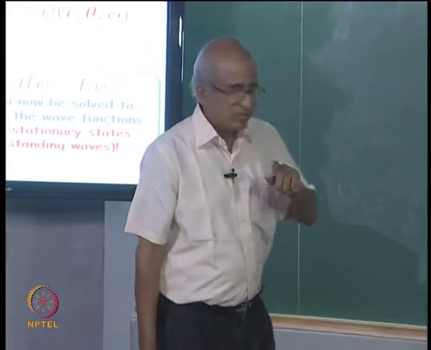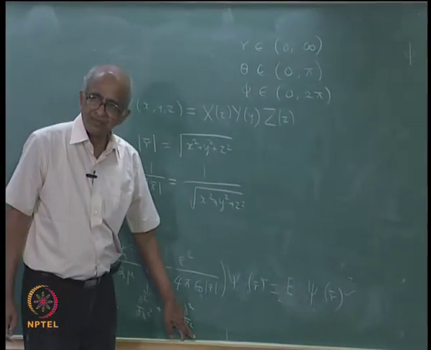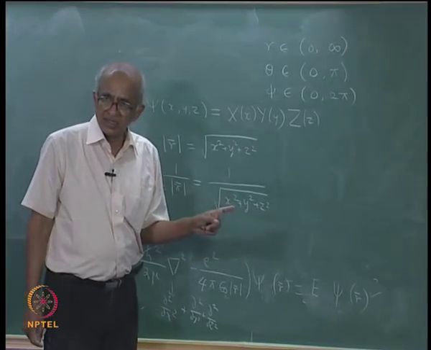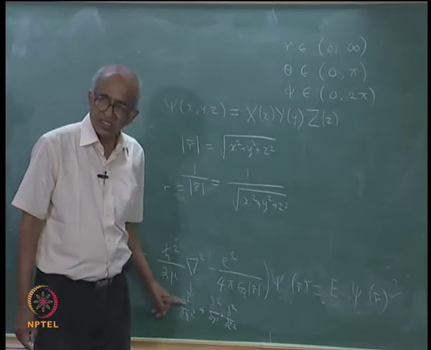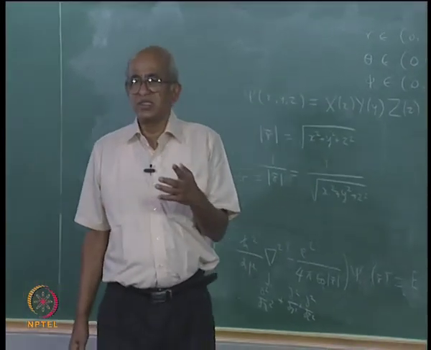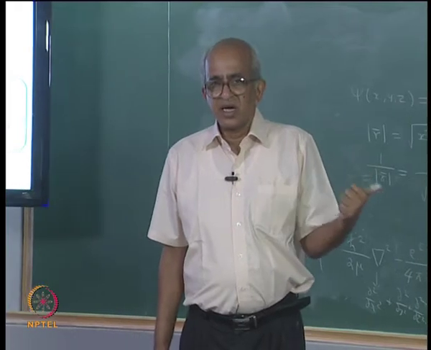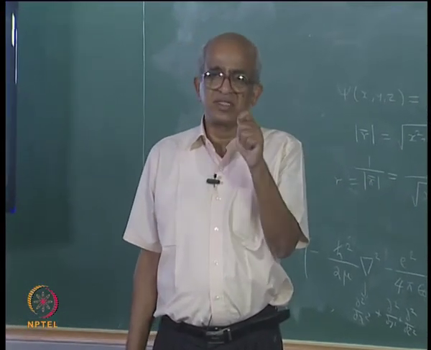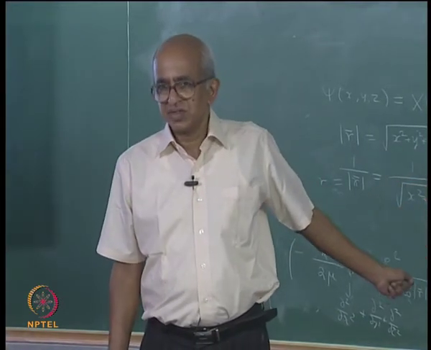Correct. But now I am saying that I do not want to use x, y or z. I want to use the coordinates r, theta, phi. That means this partial differentiation with respect to x has to be expressed in terms of partial differentiations with respect to the new variables which are r, theta and phi. And similarly, partial differentiation with respect to y as well as z have to be expressed.